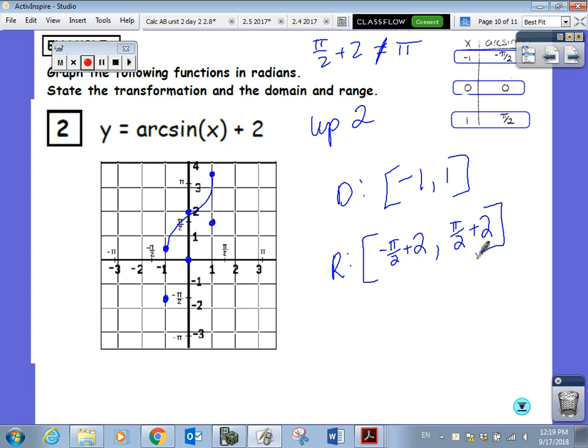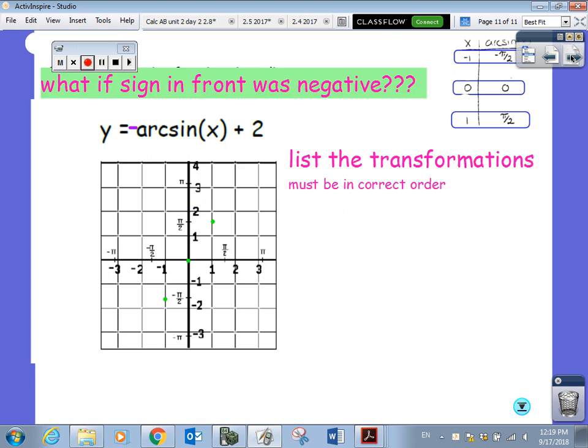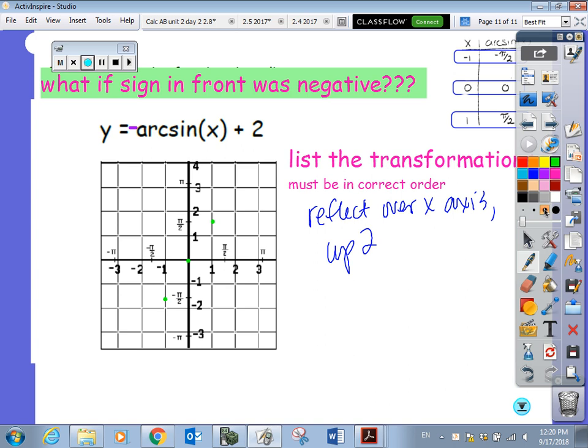And then I did the same thing for this one. If I made that negative, in this case, we would have to reflect over the x-axis first and then move up 2. Now, this one matters, what order I do this in. Because let's just take this point right here. So we have our 3 parent function points.